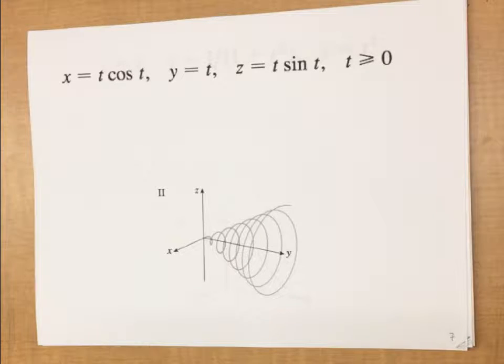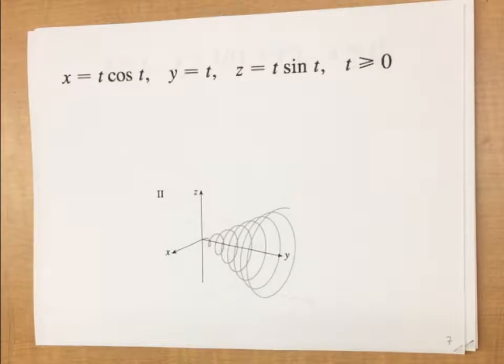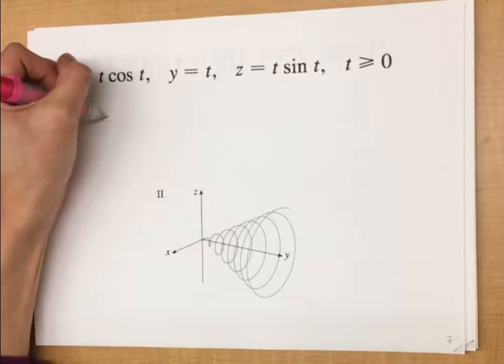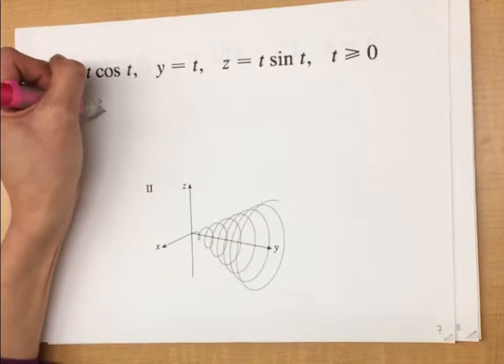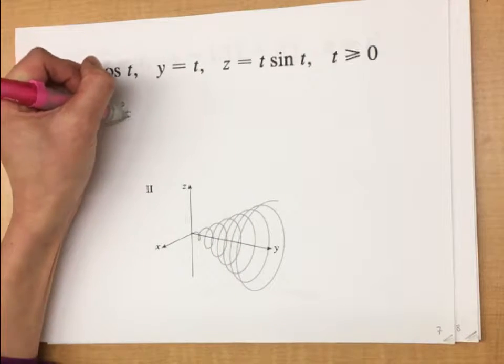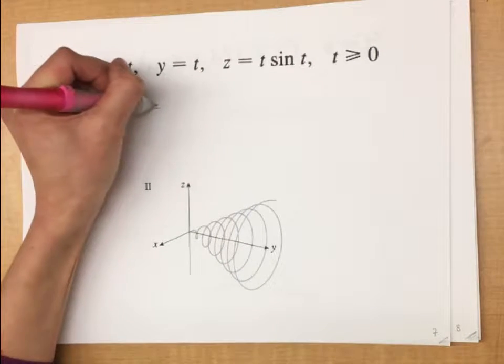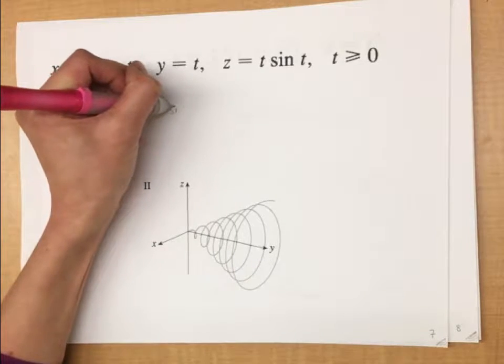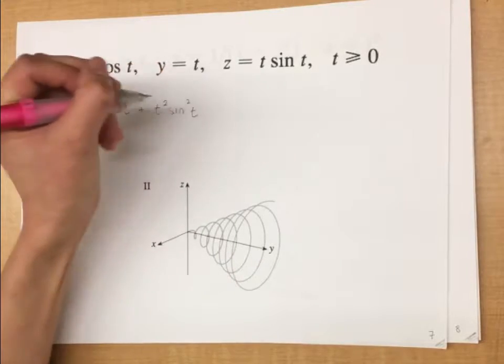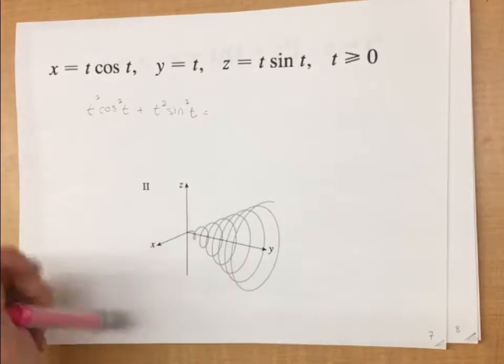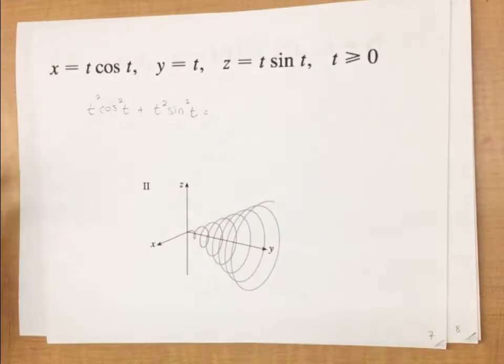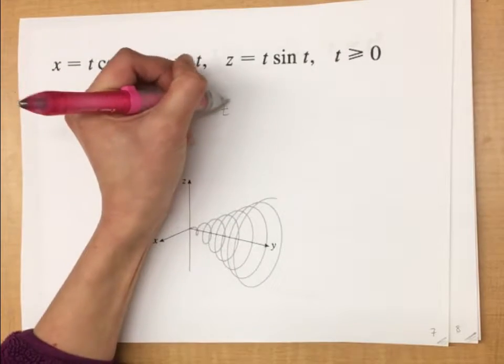And then so we see that x squared plus z squared would equal t squared cosine squared t plus t squared sine squared t. And then you can see that cosine squared plus sine squared equals 1. So it just equals t squared.